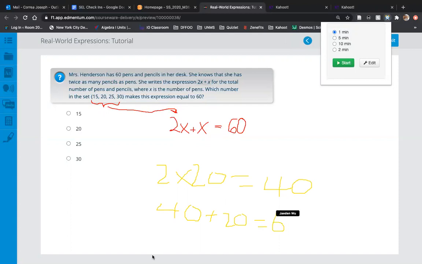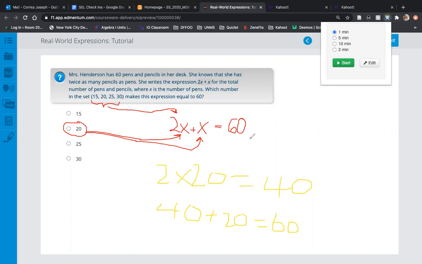So Jaden correctly chose, and he's not the only person, those people got it right as well. This X value here is the one that makes it work, right? So all he did here, right? He did it in 2 steps. First, he substituted the 20 in for the X. That's why he has 2 times 20. That gives you 40. And then he substituted the other 20 in for that X. So you end up with 40 plus the 20 gives you 60. Okay?